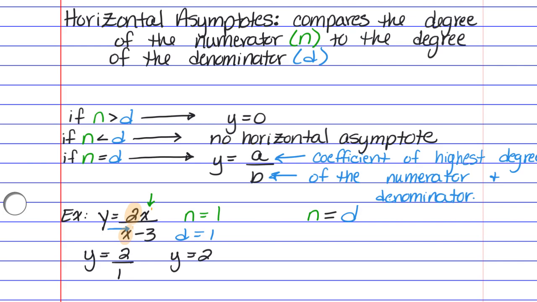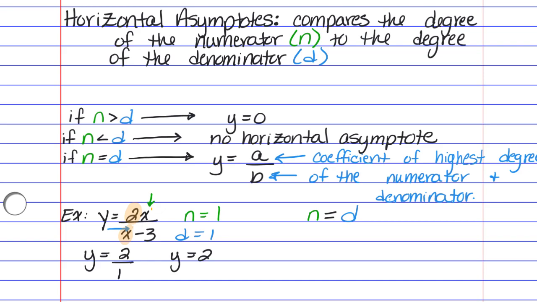The degree is just the largest exponent. So for example, the square or the cube or the 4, the 5, the 6. You're looking at where your largest exponent is in the polynomial from your numerator and in the polynomial from your denominator, and that relationship determines your horizontal asymptote.